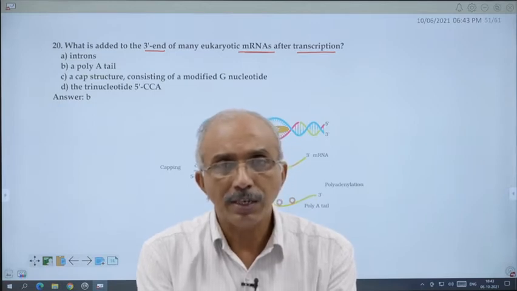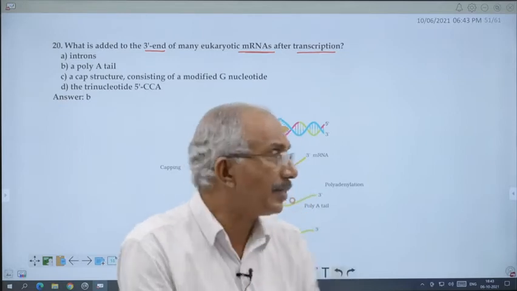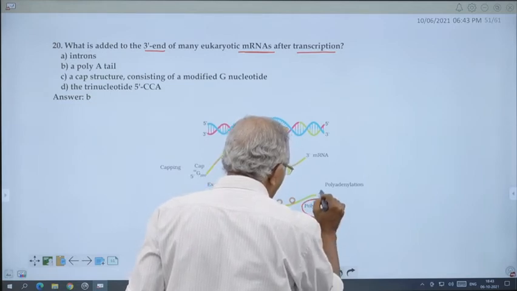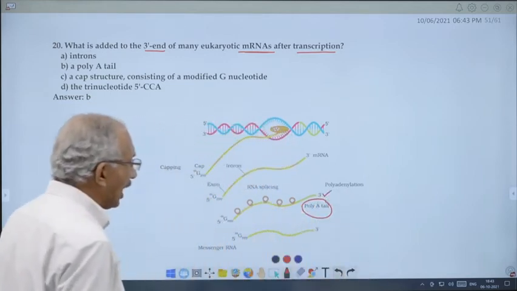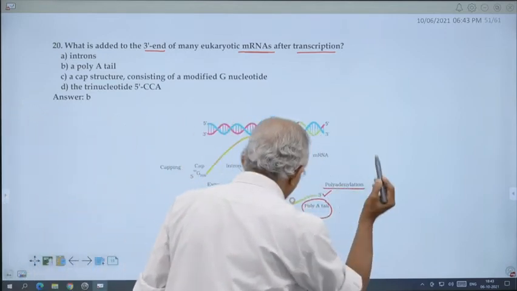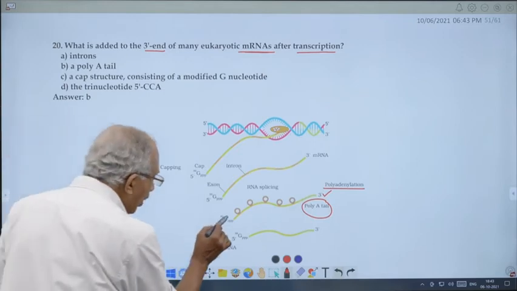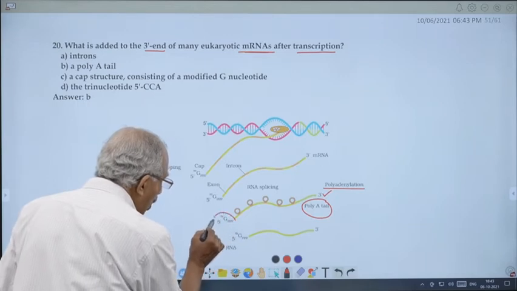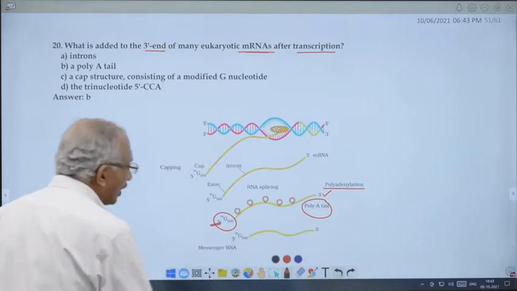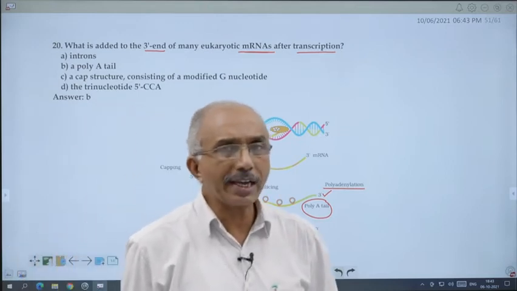Three post-transcriptional events take place. One is adding a poly A tail at the 3' end. It is called polyadenylation. Adding of a methyl guanosine triphosphate at the 5' end is called capping.